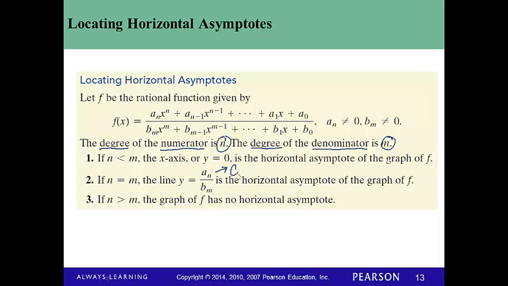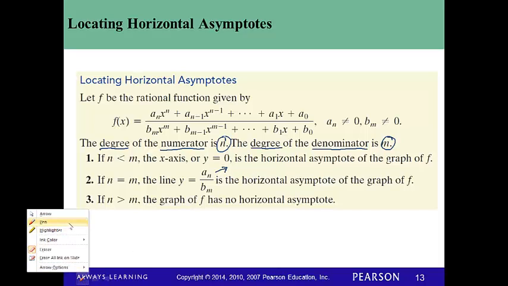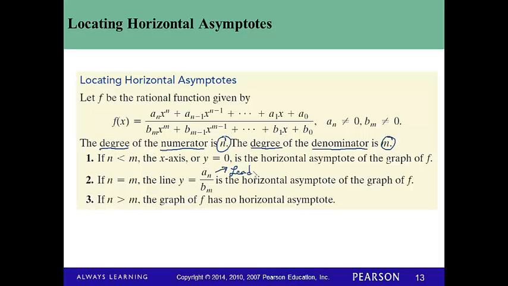A sub n is the leading coefficient in the numerator, and b sub n is the leading coefficient in the denominator. If the degree of the numerator is greater than the degree of the denominator, then f has no horizontal asymptote.